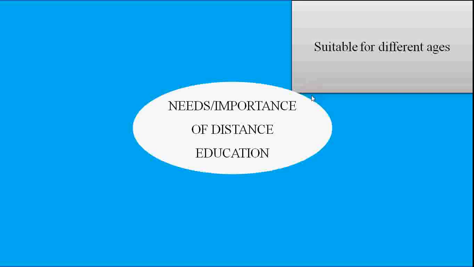What do we understand by the needs or importance of anything? For example, why do we need food? Because it is important for survival, is it not? Why do we need dress? Because it helps us cover our body. Every specific object has its different types of needs.